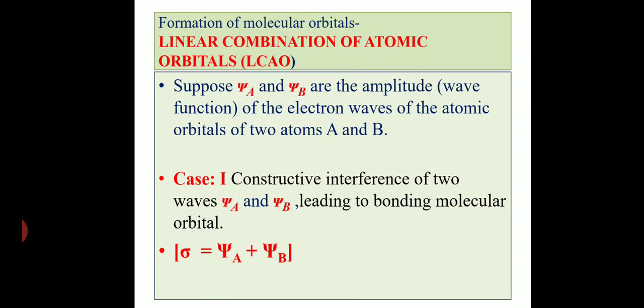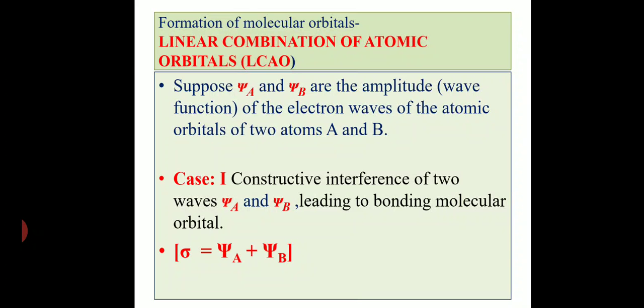So when these two atoms combine, there are two possibilities. Case 1: when these two atoms come closer and combine, the waves of these two atoms can be added, which is known as constructive interference, right?